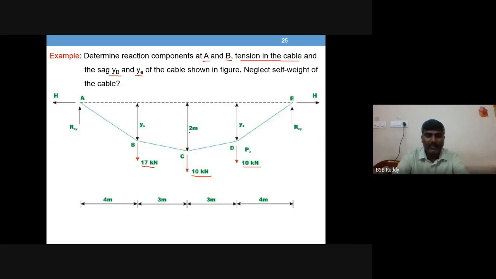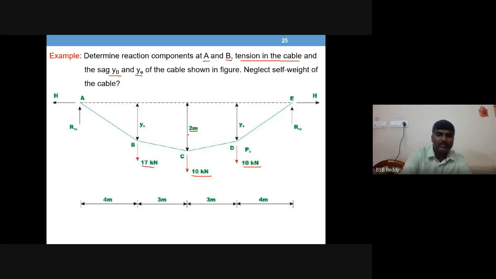The sag or dip at the midpoint is 2 meters is given. So YC I can call it. So that is the information given: 3 point loads, each segment span, and one sag value.